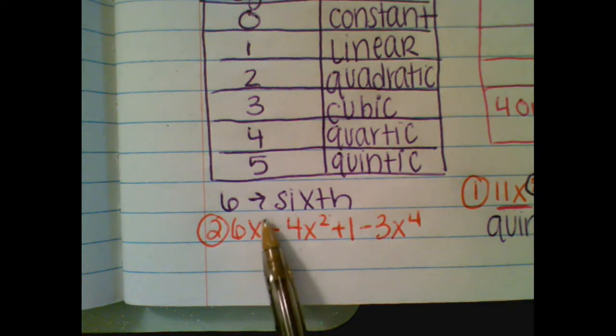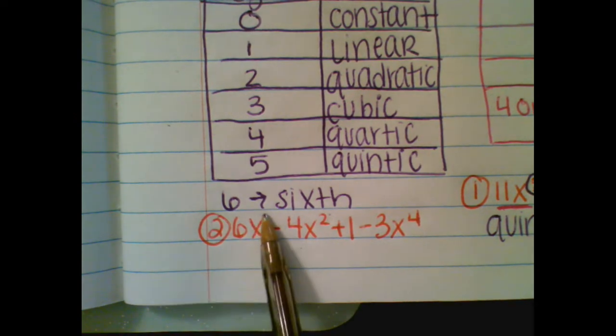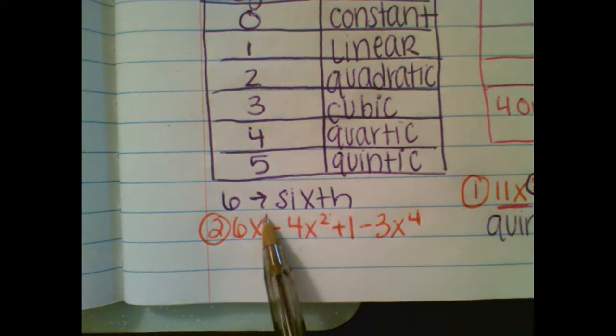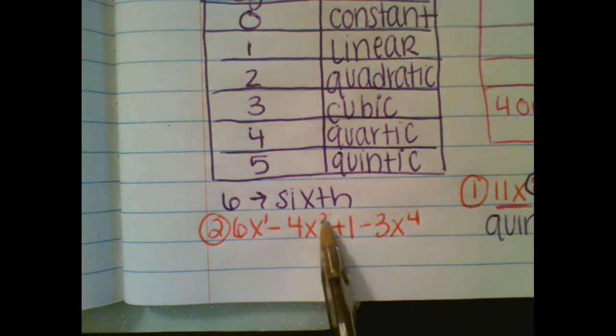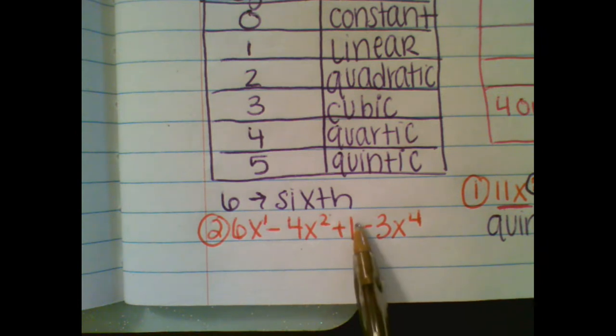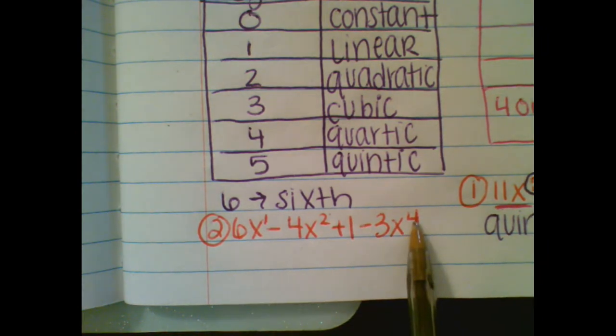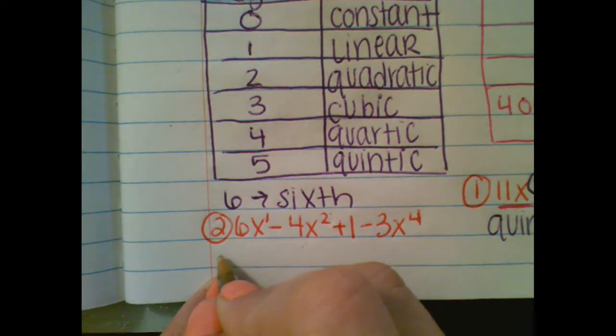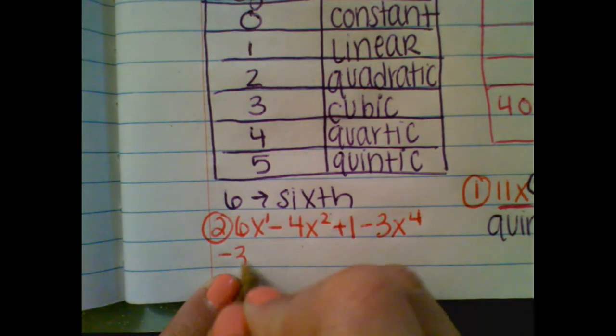So if I look at the exponents, this one doesn't have anything, but there is a variable. That means there's an imaginary exponent of a 1. So this has a 1, this has a 2, this doesn't have any variables, and this has 4. So that means this is our largest, so that's our first one. It's called the leading coefficient. So I should rewrite that first.